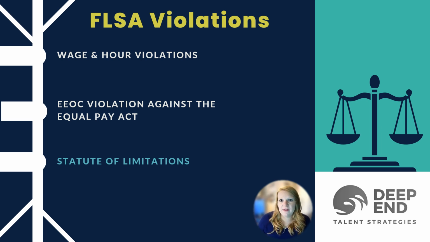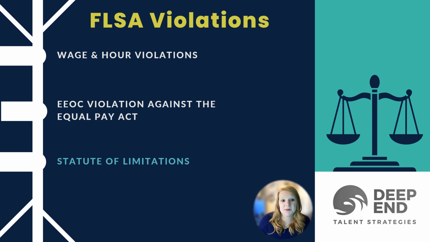There are also violations of the Equal Pay Act under the Equal Employment Opportunity Commission, also known as the EEOC. Examples of penalties for violations are recovery of compensatory damages for intentional discrimination, as well as punitive damages for intentional discrimination by engaging in malice or reckless indifference to the federally protected rights of all employees.